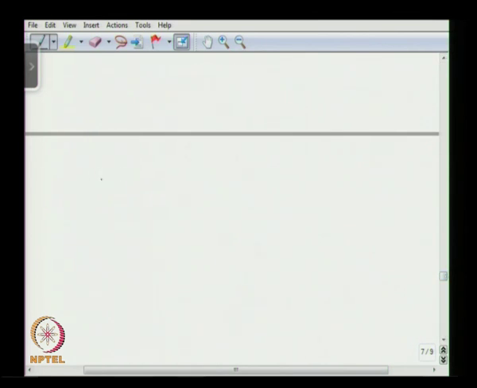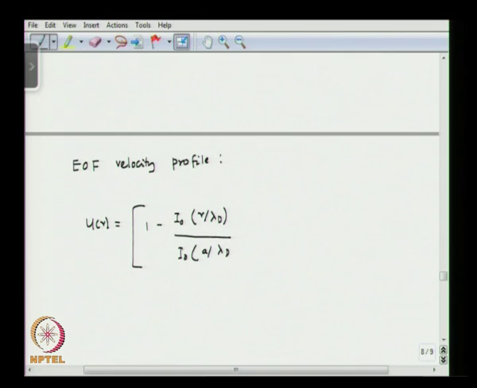So, the expression for the velocity profile would be, for the electroosmotic flow, the electroosmotic velocity profile would be u(r) equals 1 minus I0 of r over lambda d divided by I0 of a over lambda d, into epsilon xi over eta into delta V over L. So, that is the electroosmotic velocity minus (a square minus r square) delta P over 4 eta L. Okay.